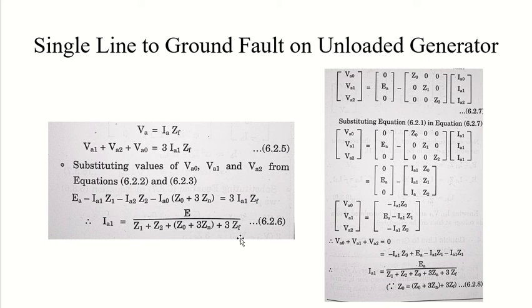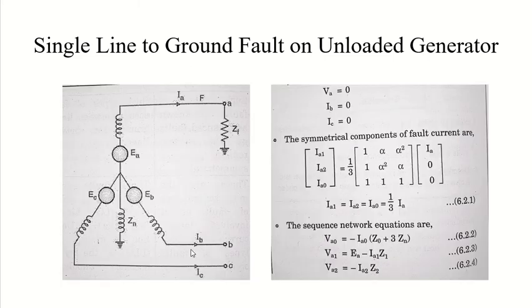So I want you to look at this equation 6.2.6 and the earlier equation, the second one, the equation of VA0. Can you tell something from it? They are indicating something to you. What do these equations have in common?